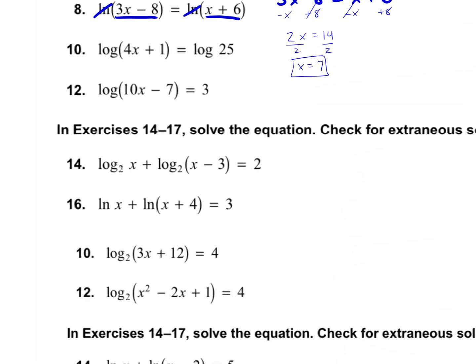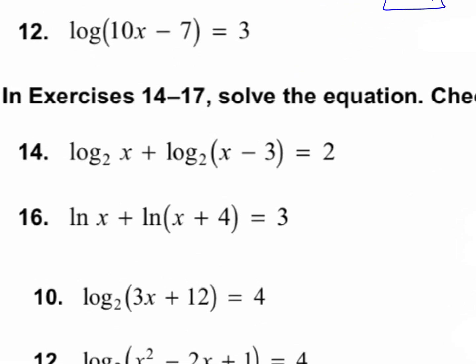Let's take a look at 14 or 16. Which one? 14. All right. So if I have 2 logs on one side, what do I need to do? Combine them. I need to condense it to 1 log. So we did a couple of these in the notes yesterday.